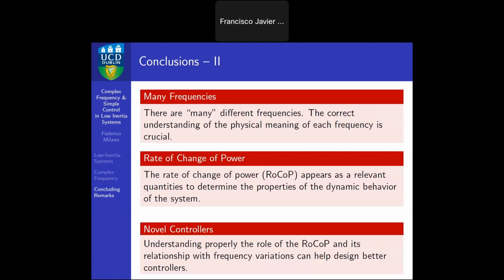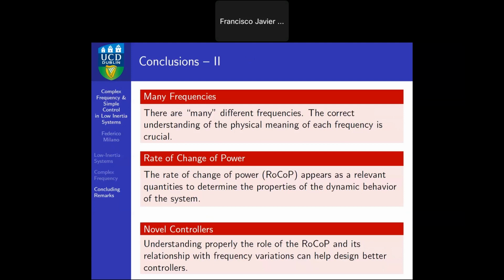Now, for example, looking at the split of the power into two parts, one that depends on frequency and one that depends on voltage, we have a different approach to the control, because it's not controlling only P, but it's controlling the part of P that is actually affecting the frequency.